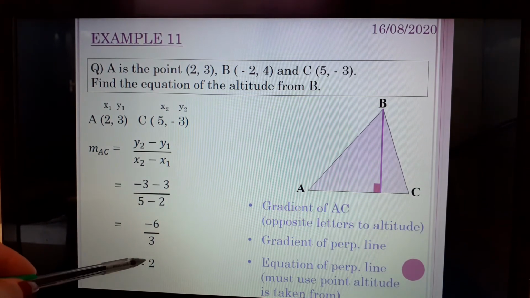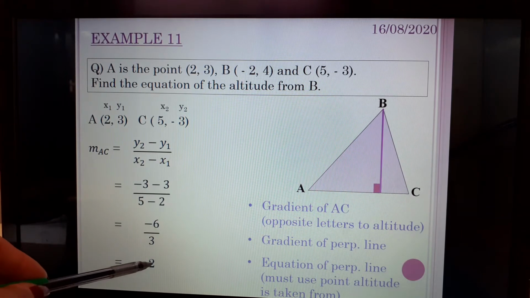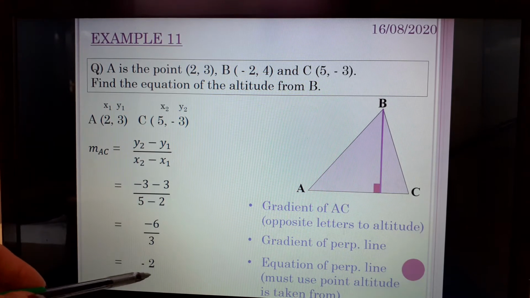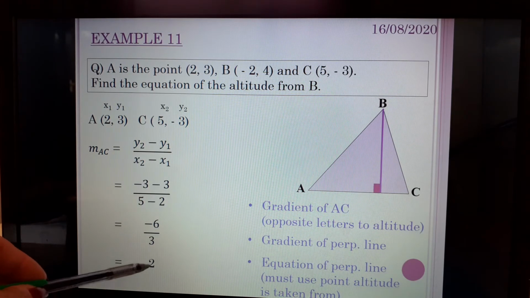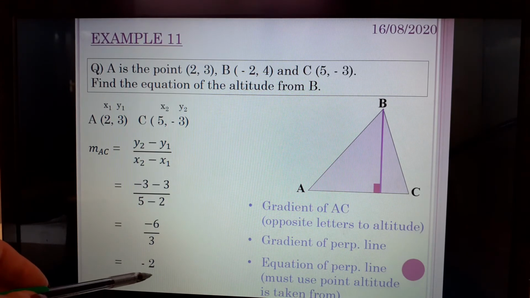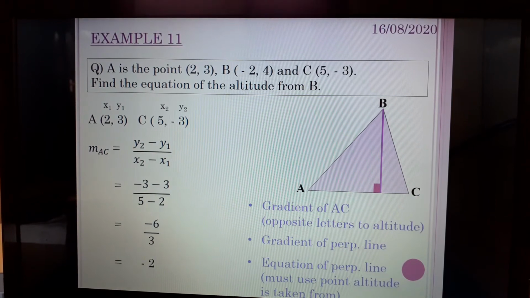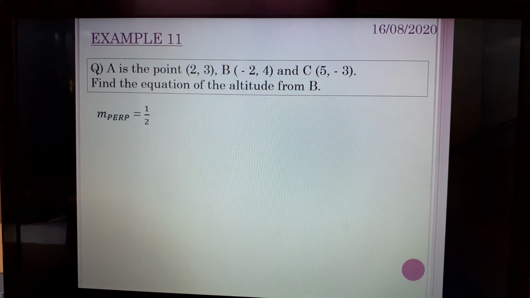But if you want to think of -2 as a fraction, it's just simply -2 over 1. There's an invisible denominator there, which is 1. So if you've got -2 over 1, and you want to turn that upside down, it's going to become 1 over 2, and the negative will become a positive. So it will become positive 1 over 2. Okay, so that's our perpendicular gradient.